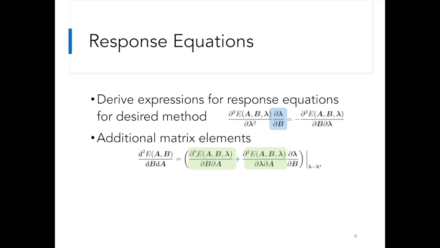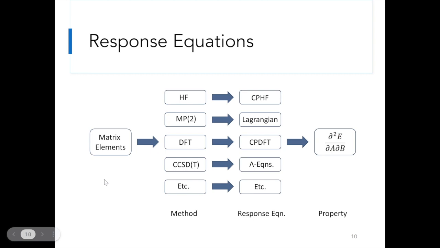So this second part, the green part, is the same across methods. It's the first part that we need to do for each method that we're interested in. So in effect, we have this kind of workflow. We have the matrix elements that we implemented. Now to implement and derive these new response equations. And finally, we get our properties.